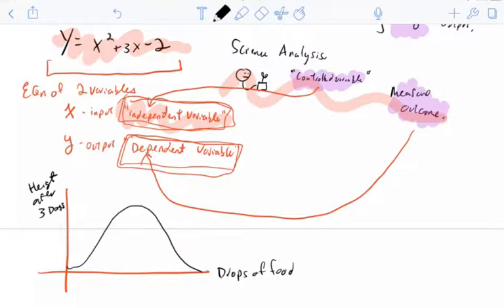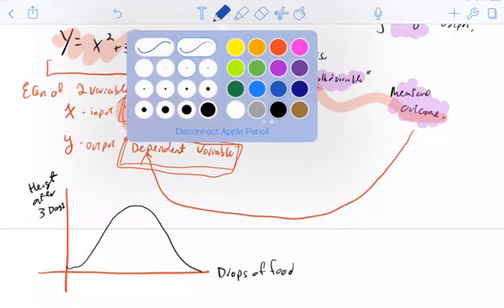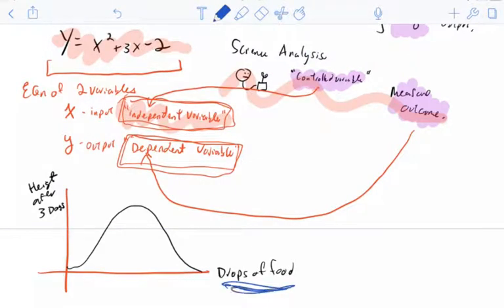And what this graph represents, well, it represents the data. Definitely represents the data. But another way to think about this graph is it represents the relationship between the drops of food and your measured height after 3 days. In other words, it is input, output, a function. Okay?